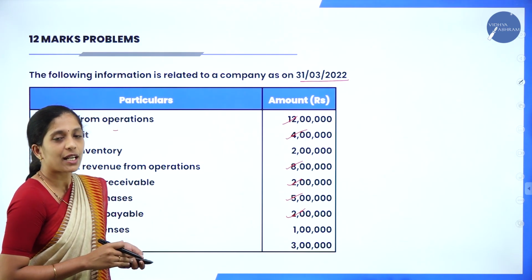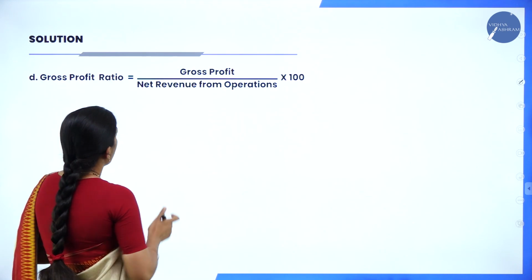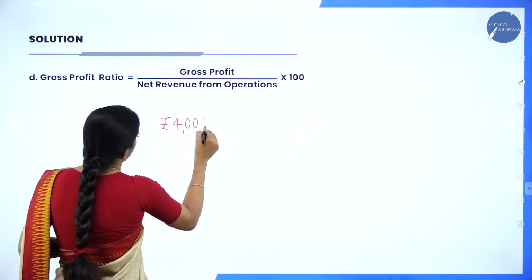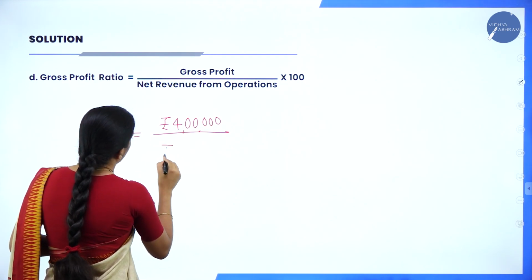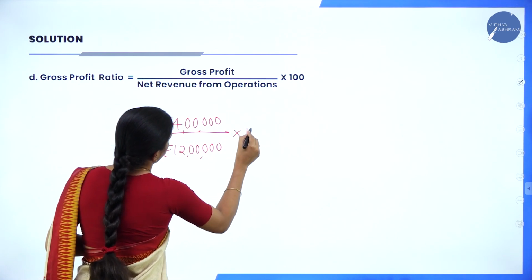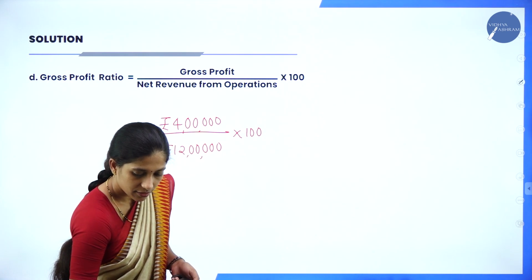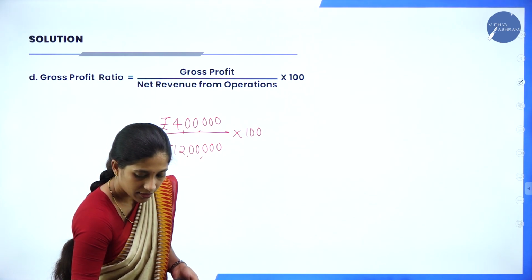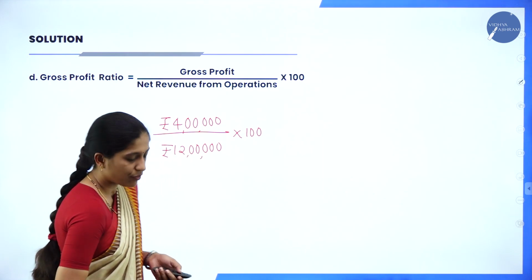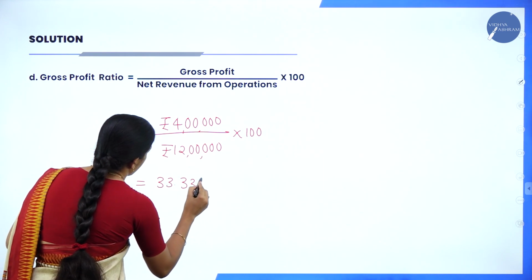So 4 lakh divided by 12 lakh into 100 will be 33.33%.